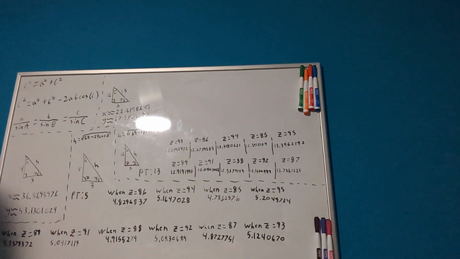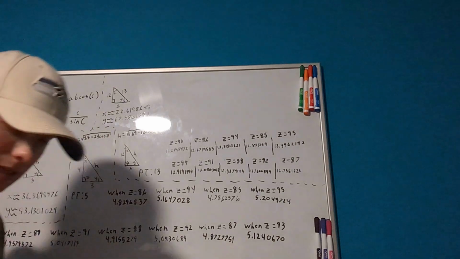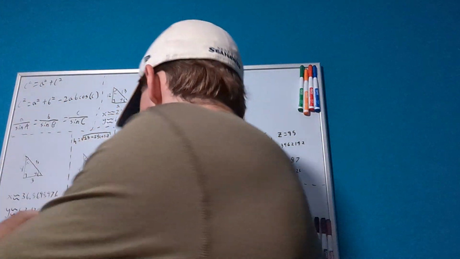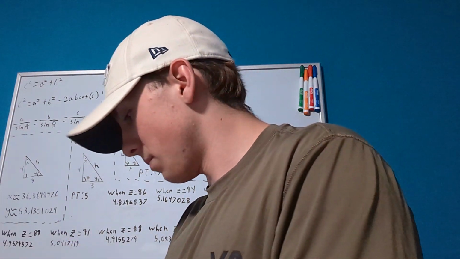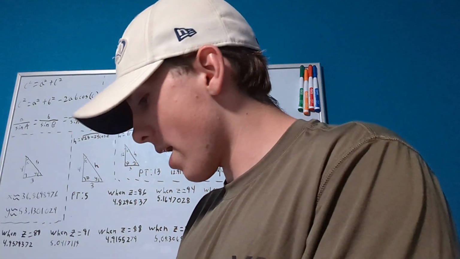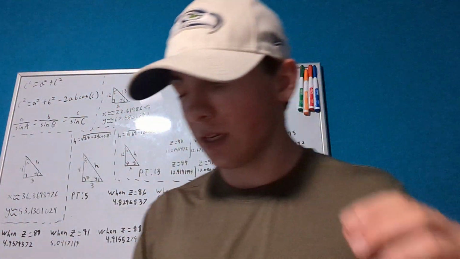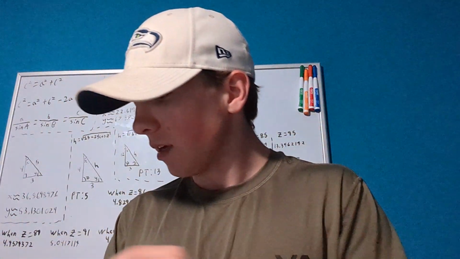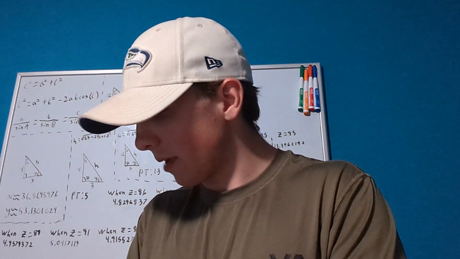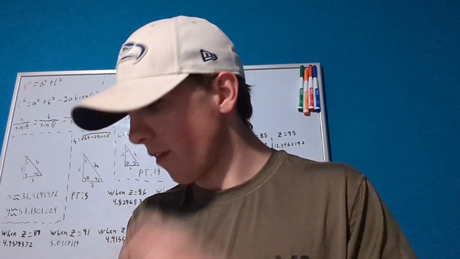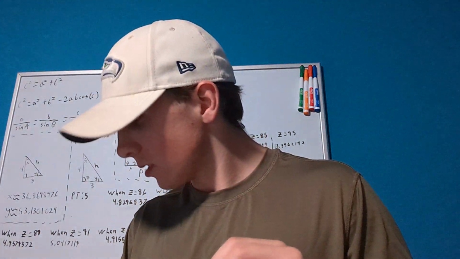Now, I investigated the differences of going up or down 1 degree on what it would actually be, and I found when you were going down 1 degree, so that means going from 89 to 88, every single time the inaccuracy of our calculation increases by about 43 thousandths.